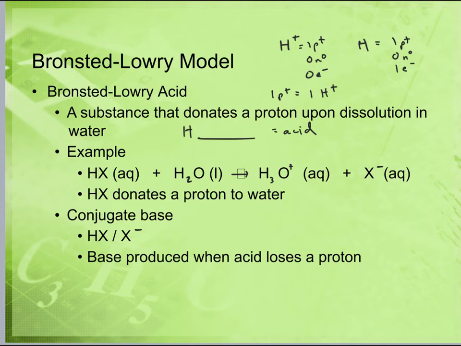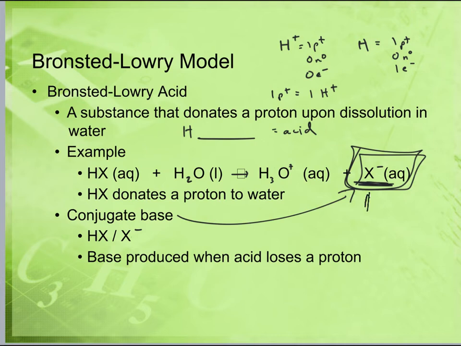Then they came up with another term for this X anion over on the side. They're going to call this the conjugate base. The reason is that with this negative charge, it could potentially pick up a proton and accept it, which we'll see in a minute is the definition of a Bronsted-Lowry base. Now, overall, these two look very similar.